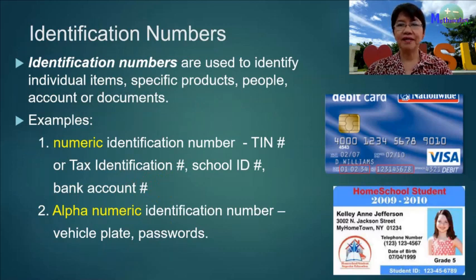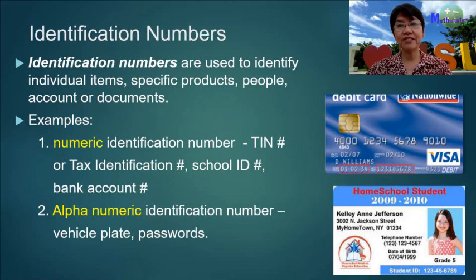Identification numbers are also codes. Identification numbers are used to identify individual items, specific products, and even people, accounts, or documents. Examples: numeric identification numbers like TIN or tax identification number.